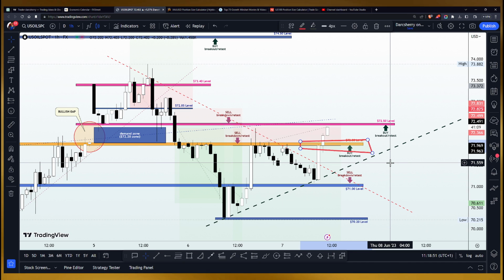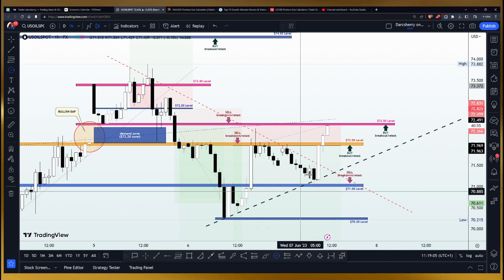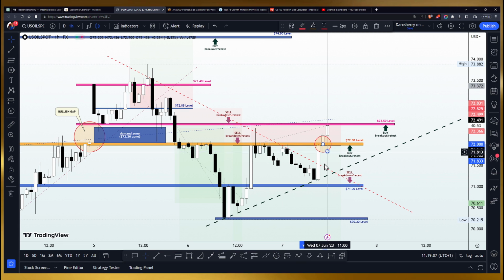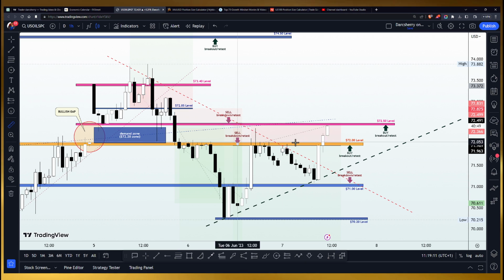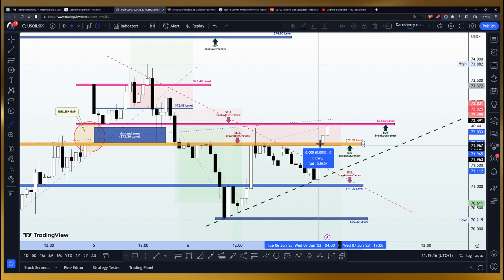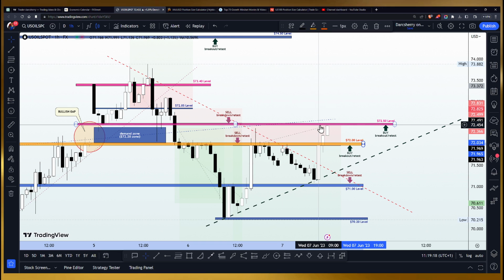So if price action remains above our key level, obviously we want to be looking out for buying opportunities on our lower time frame to be part of a bullish momentum. And if price action drops below our key level, then we have no other choice than to look out for selling opportunities. Now that we have a breakout of this key level at the $72 area, we have a buy position triggered, and for those who were on standby to take advantage of this opportunity, well done for being on standby to catch this move, as you will be currently running with roughly 50 pips in profit at this point.